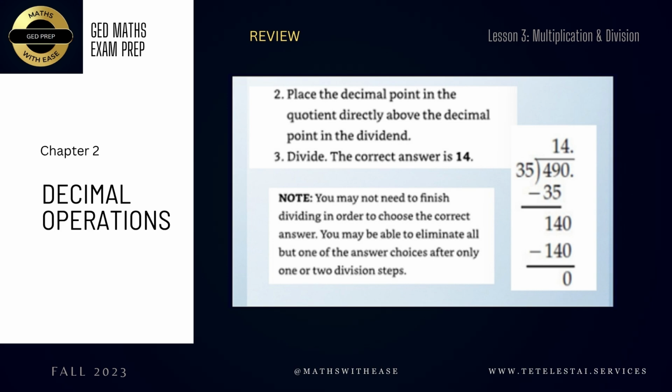So if the question asks you to report your answer to 1 decimal place and you complete and you see that your answer is a whole number 14, you would need to indicate the 1 decimal place with a 0, right? If the question asks you to report your answer to 2 decimal places, well, you would just write 14.00, right? Like you would see on a receipt, for example.